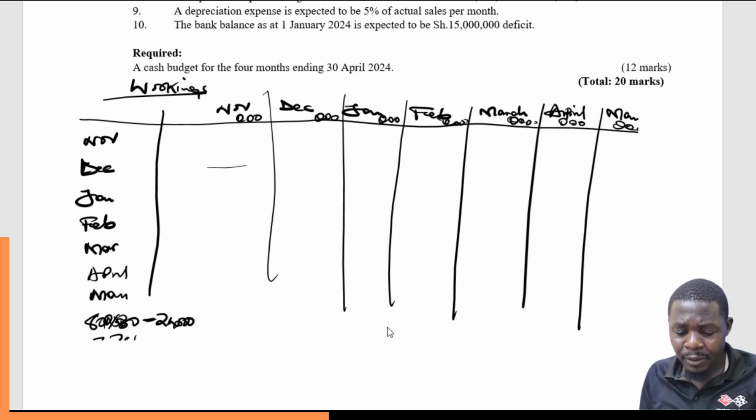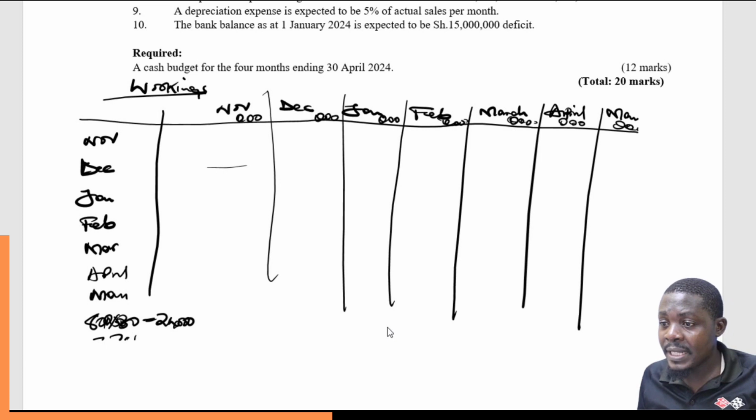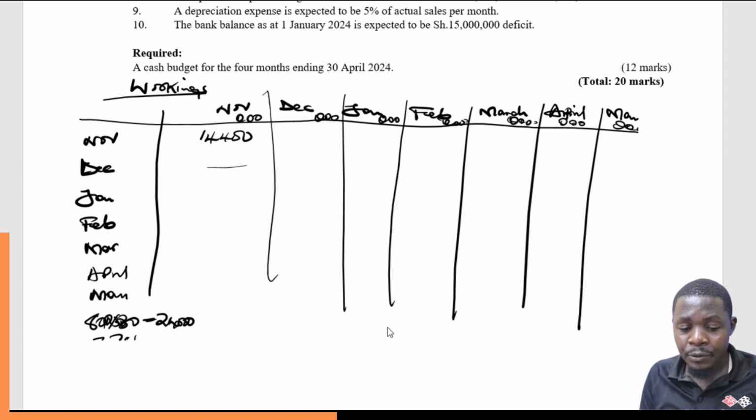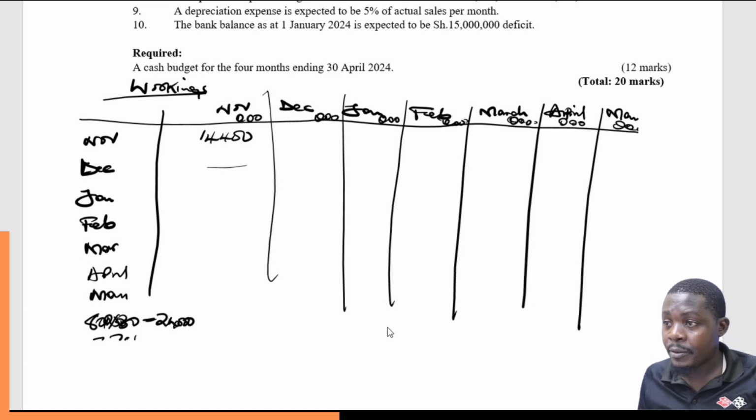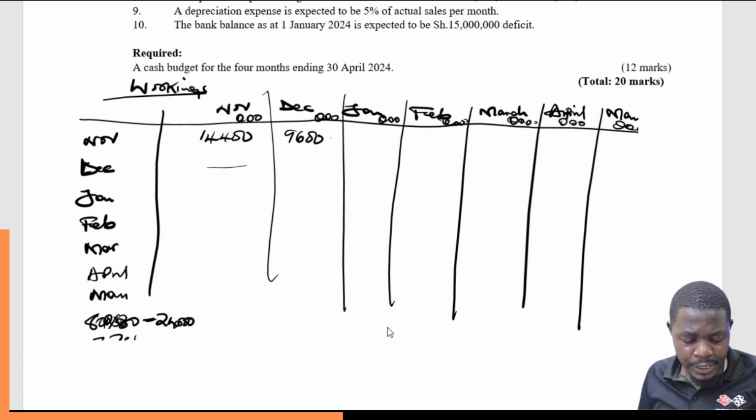Multiplied by 0.6, 60% of this, 14,400, was settled in November, and the balance of 40% was paid in December. That was 9,600.